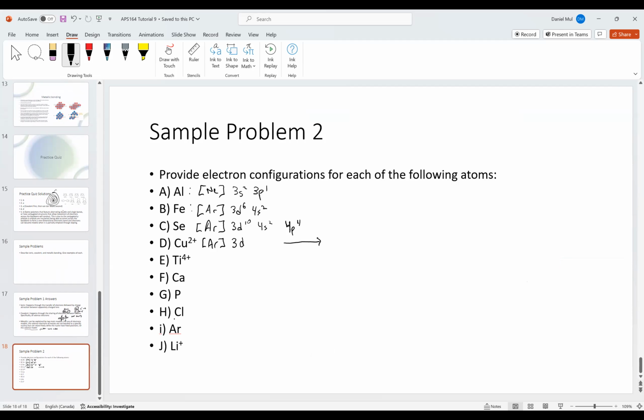Yeah, it's still an exception, but you're still just removing 2 electrons, right? So even if you have 3d10 4s1, you're still just minusing 1 off of here and 1 off of here, so you just get 3d9.